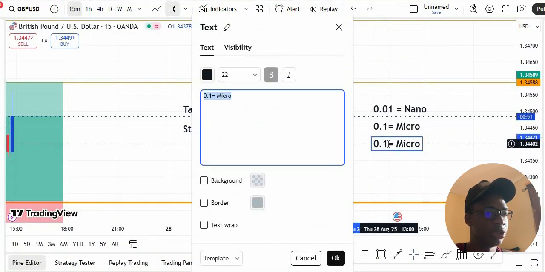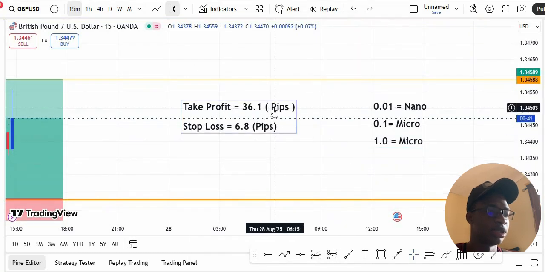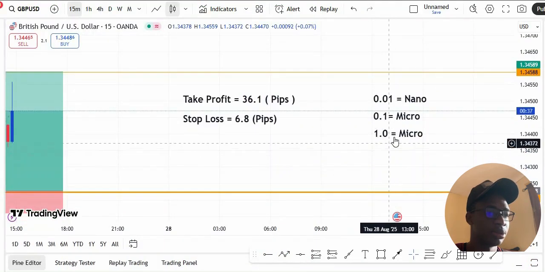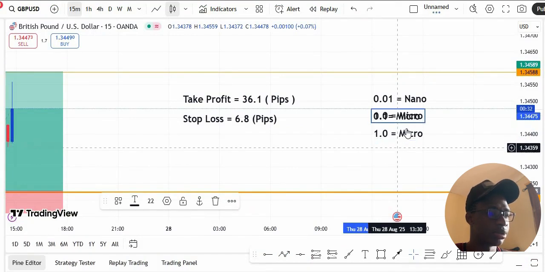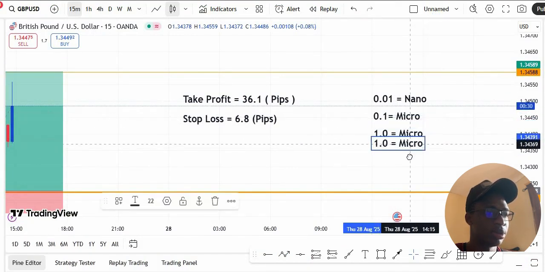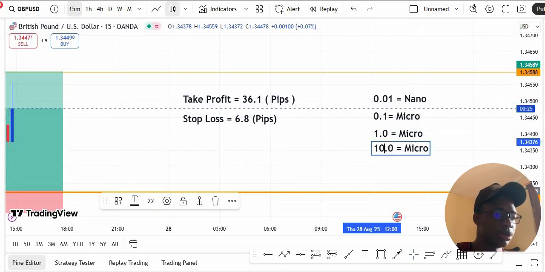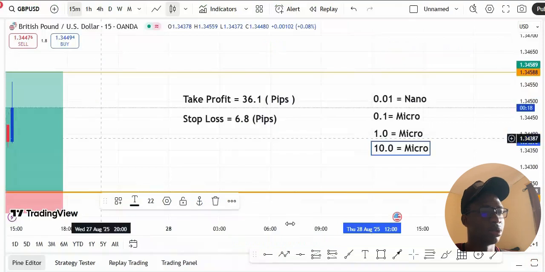So it's not going to be 0.1, it's going to be 1.0. And the standard lot is going to be 10.0.